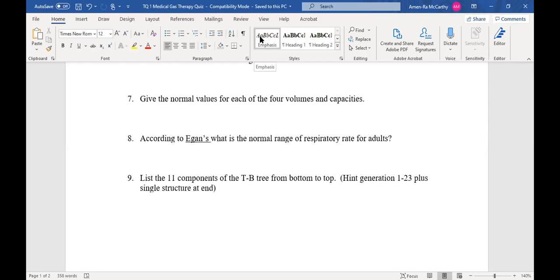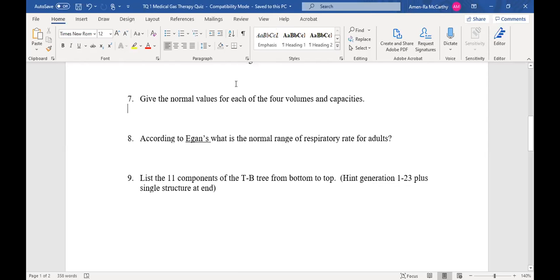I think 2.4. No, 3.6. So 3.6 liters for inspiratory capacity. Mr. Clay, what about total lung capacity? How much is that? I do not remember right now. Hang on one second. Total lung capacity? 6 liters. Yeah, 6 liters. Good.